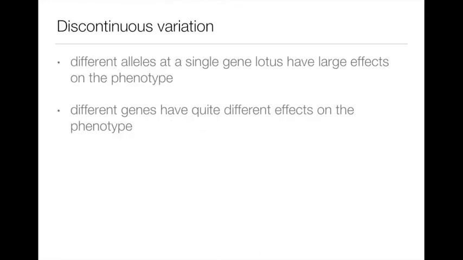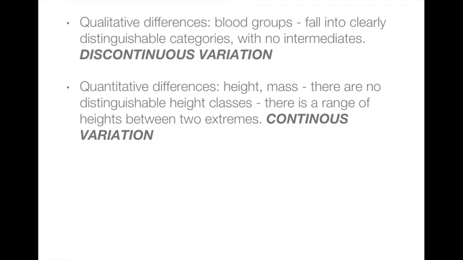So these include qualitative differences and quantitative differences. The qualitative differences fall into clearly distinguishable categories with no intermediates. For example, you have one of four possible ABO groups: A, B, AB, or O. This is called discontinuous variation.